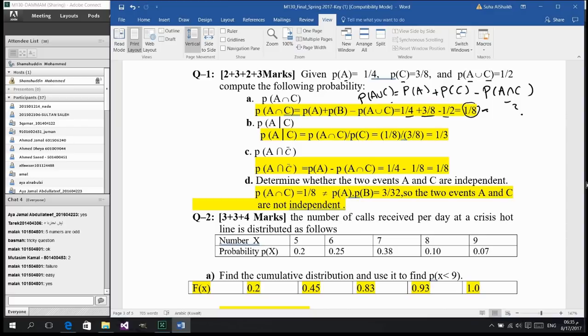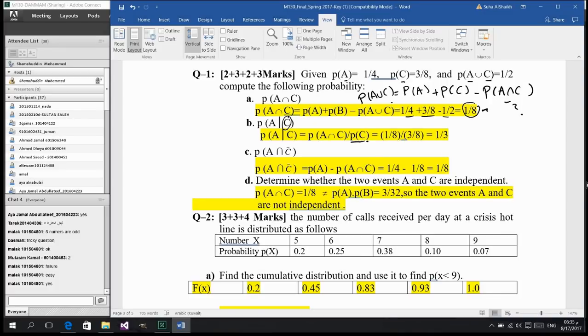In part B, they are asking you to find the probability of A under condition C, using the rule. This is the probability of the intersection over the probability of the second one, meaning over probability of C. The probability of the intersection we find from part A, it's 1 over 8, divided by probability of C, given again in the question, which is 3 over 8.